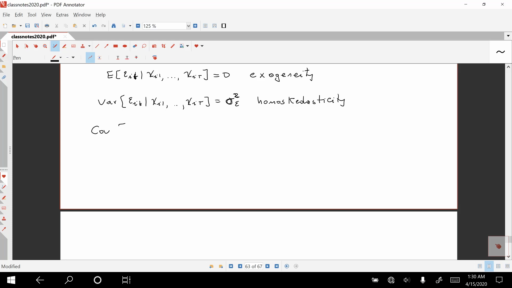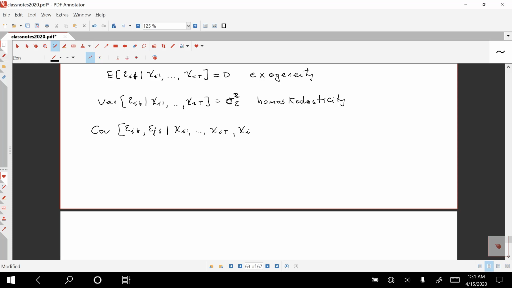And regarding the covariance, so we have the covariance, and I'll explain what's going on here. We have two individuals, an individual i and an individual j, and we're considering these individuals being observed in time period t and time period s, respectively.